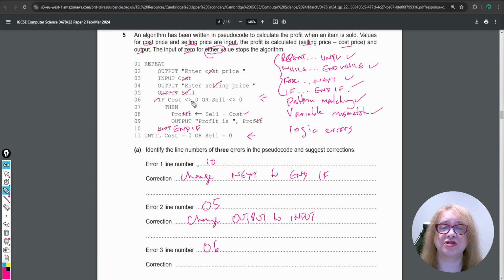If the cost is something and the selling price is something, then we want to calculate the profit and output it. So the issue is that we need to change the or to and. So the correction is to change the or to an and.